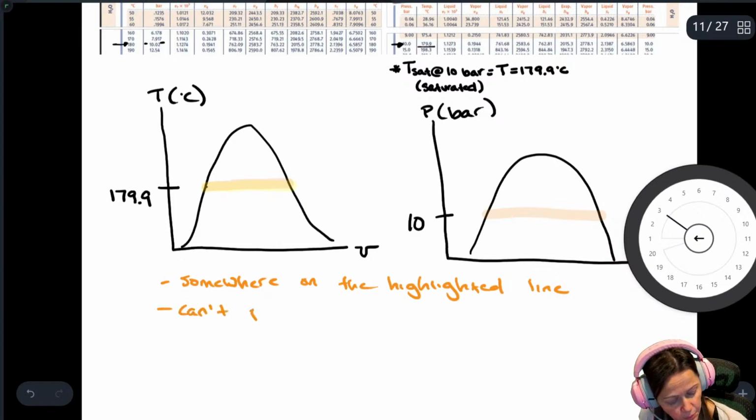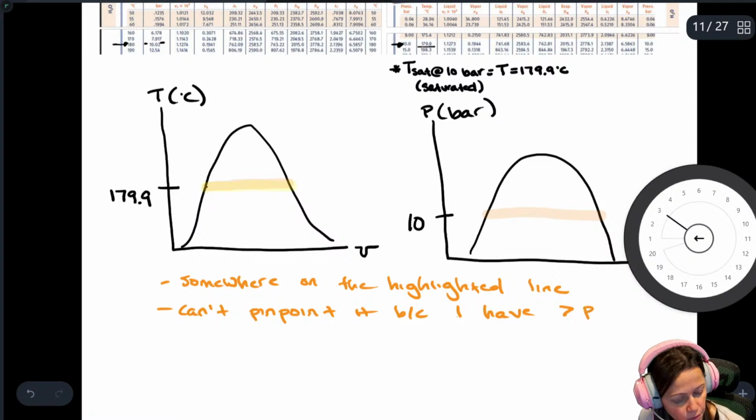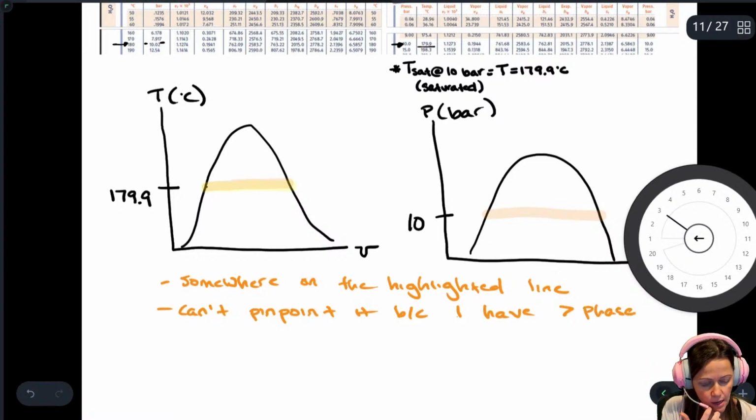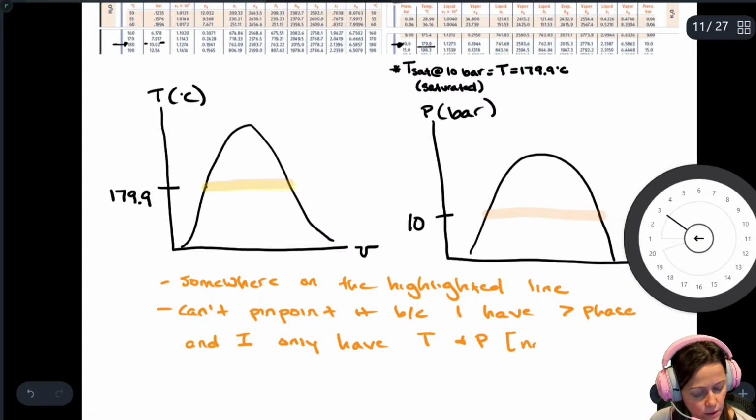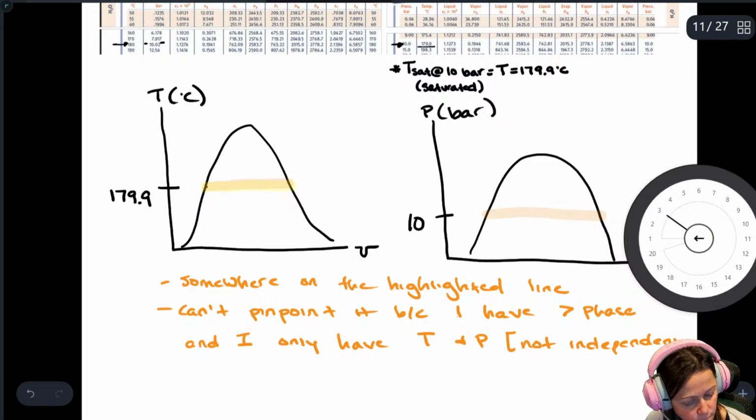I can't pinpoint it because I have more than one phase, and I only have temperature and pressure, and they are not independent in a region with more than one phase.